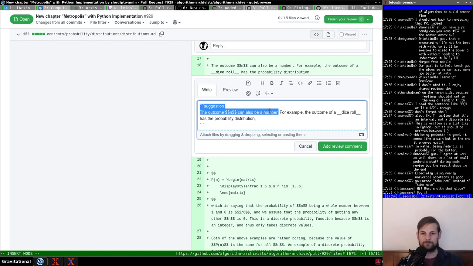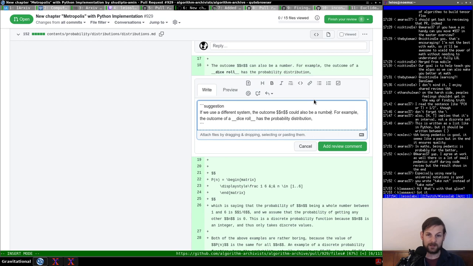If we use a different system, the output n could also be a number.